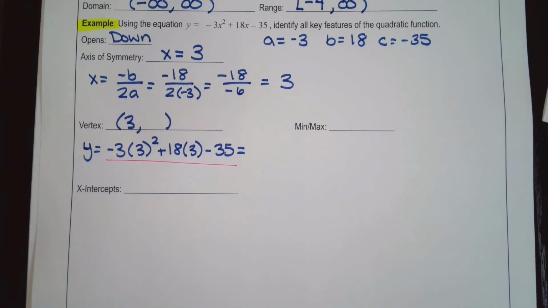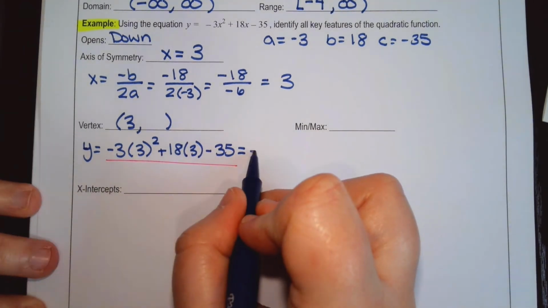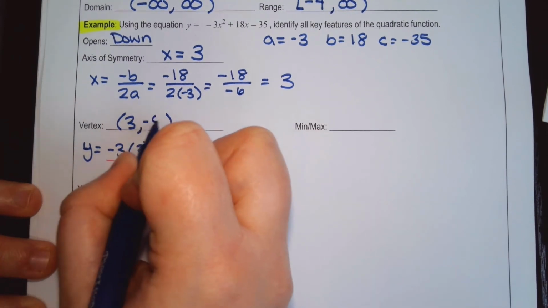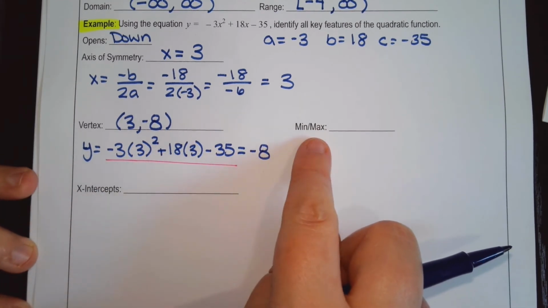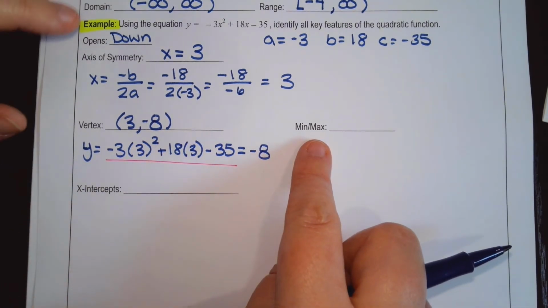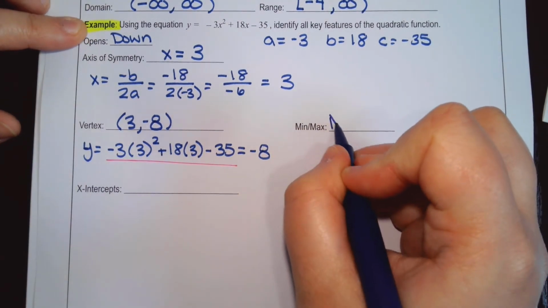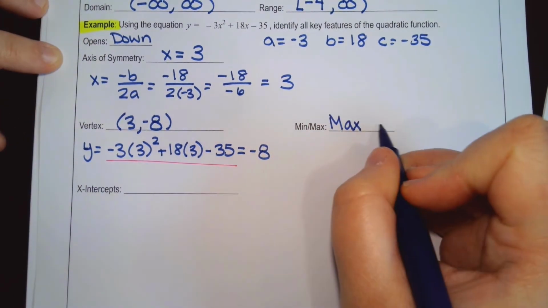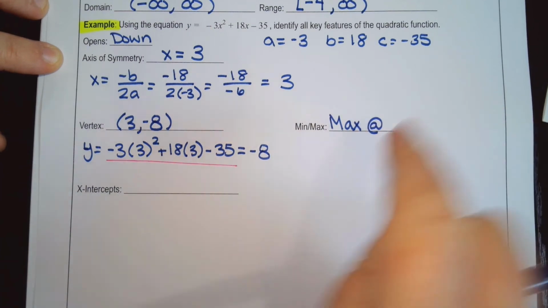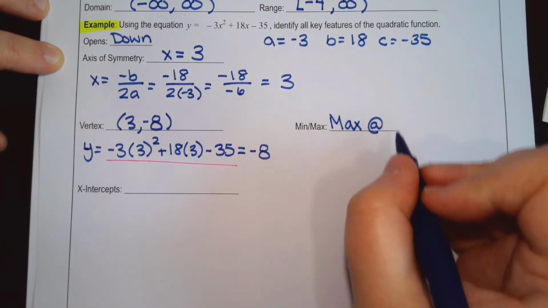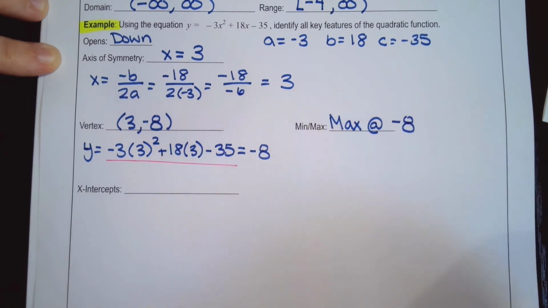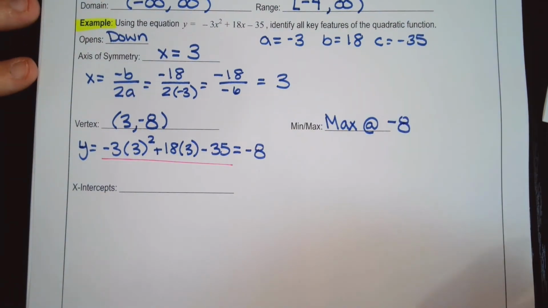And we end up with -8. So that's the y value of our vertex. All right, minimum or maximum. Since it opens down, it is going to be a maximum at, remember, it's always vertex y, so it's -8, so it's a maximum at -8.